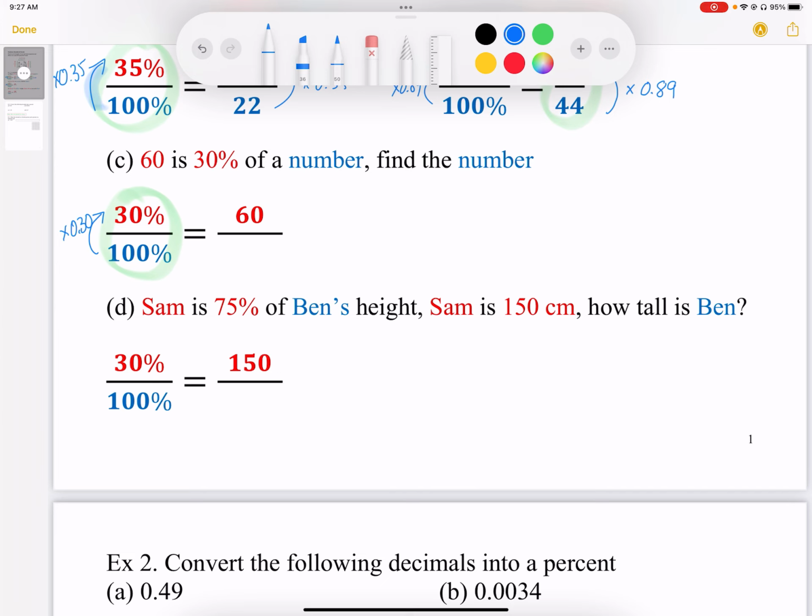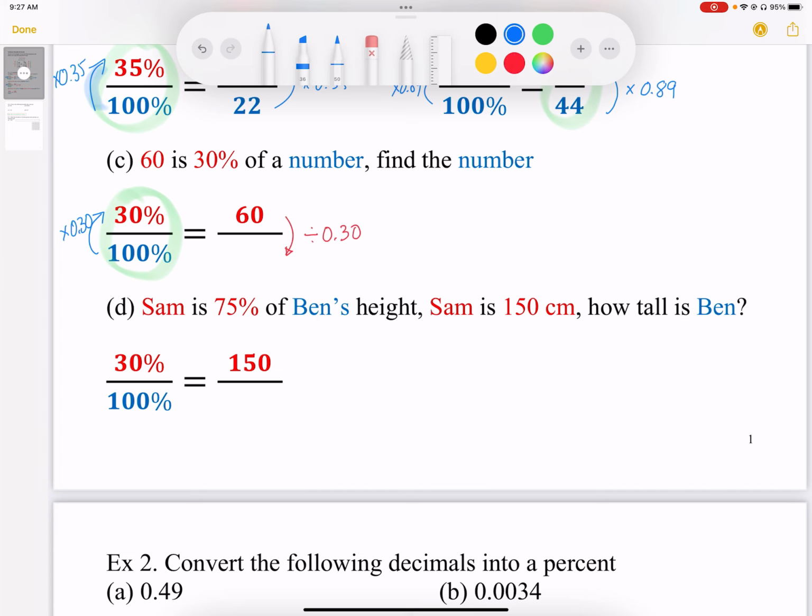So instead of timesing by 0.3, going from bottom to top, we need to go from top to bottom. So instead of timesing by 0.3, we need to do the opposite. Divide by 0.3. So 60 divided by 0.3 gives us 200.